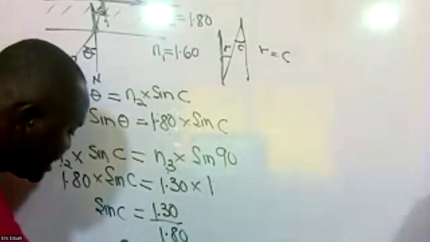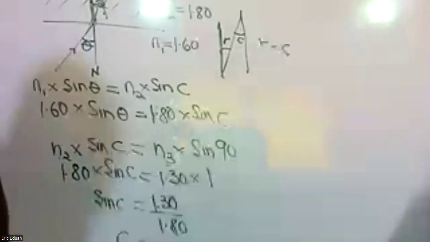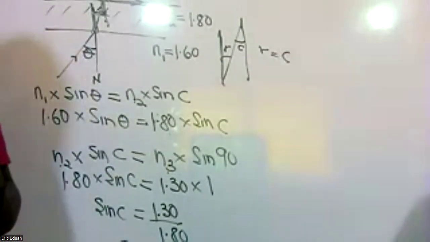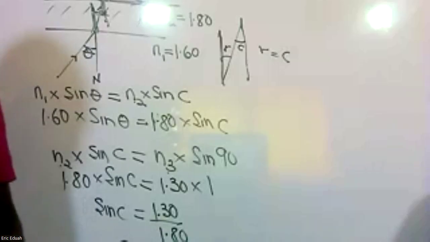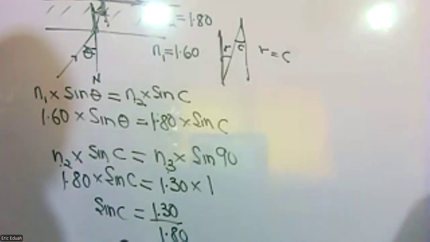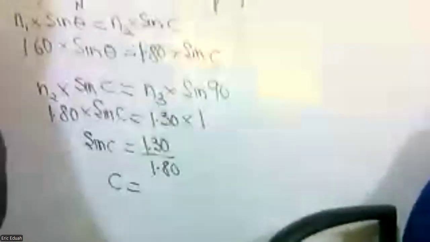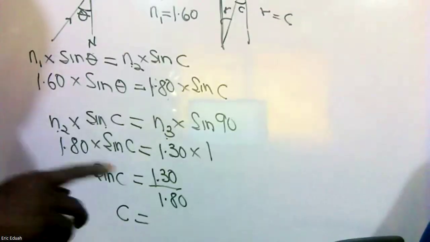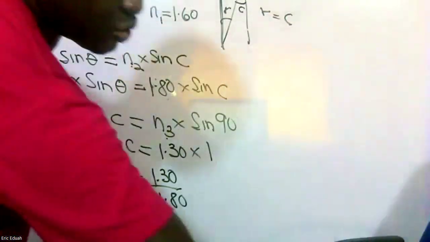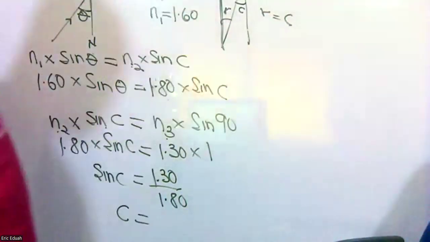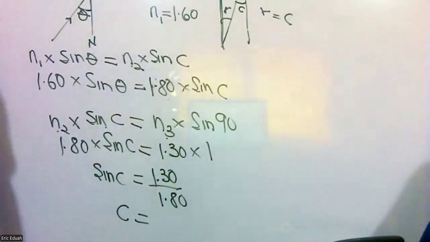What will be C? Help me determine the value of the critical angle C. I'm leaving that calculation to you. Please finish it and then tell me the final answer.